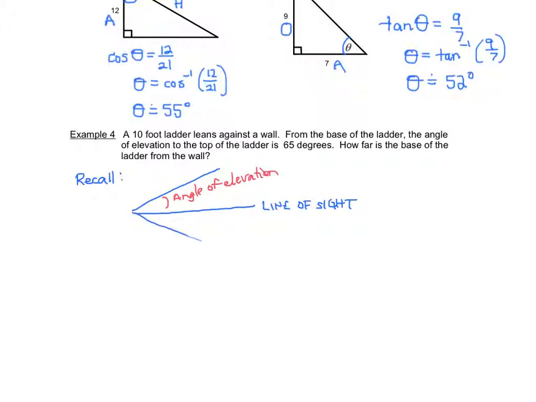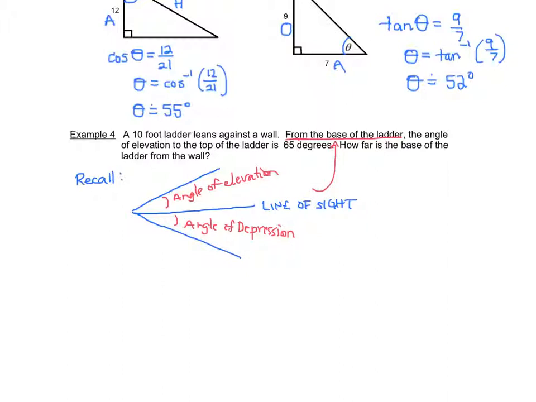And this angle below is the angle of depression. So if it says from the base of the ladder, that's our line of sight.